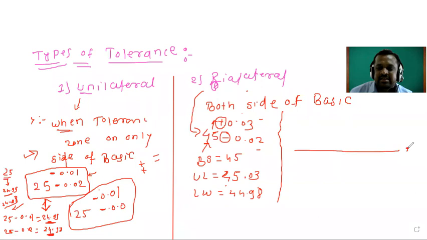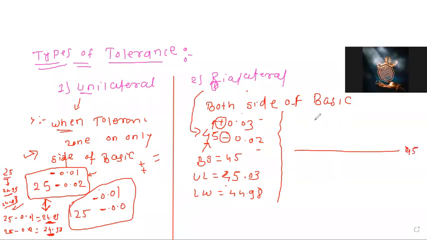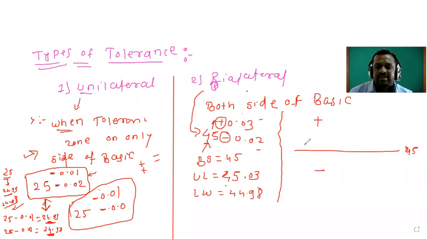Now see here, this is our basic size. What is the basic size here? 45. This is the positive side, this is the negative side. Then tell me how to draw the tolerance zone. Tolerance zone आता कसा येईल?